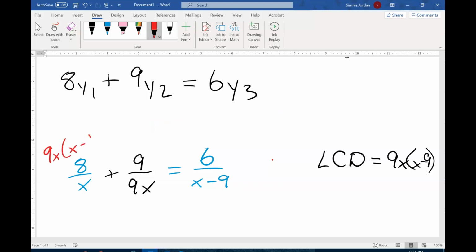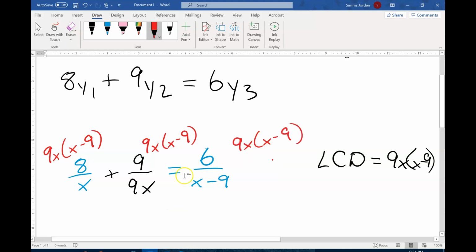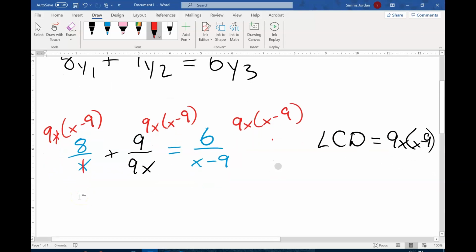We'll do it over here, 9x times x minus 9, and 9x times x minus 9. So then for each term, we're going to figure out what happens. Here the x's are going to cancel, right? So that's gone. And we're left with 9 times 8, which is 72, times x minus 9 in brackets. Don't try to FOIL that out in your head. Just write it like this and we'll move on.